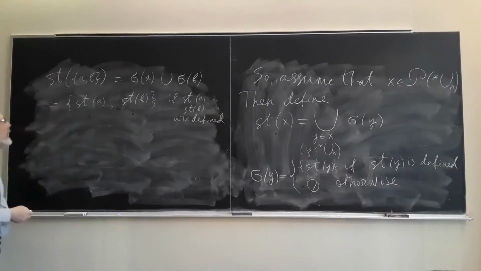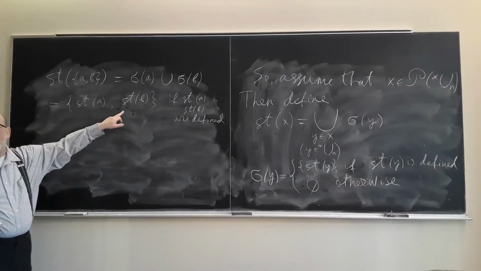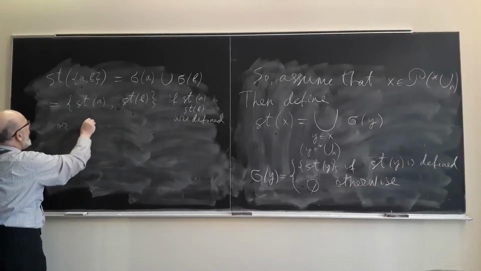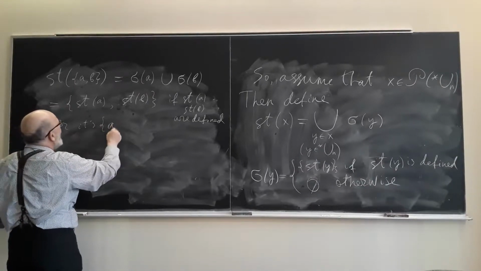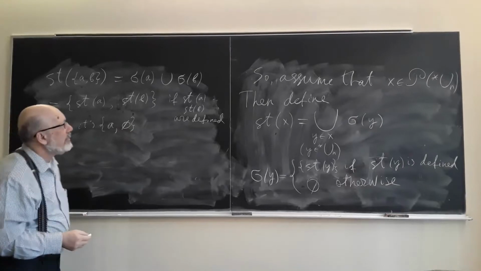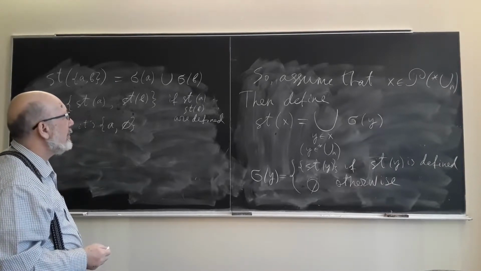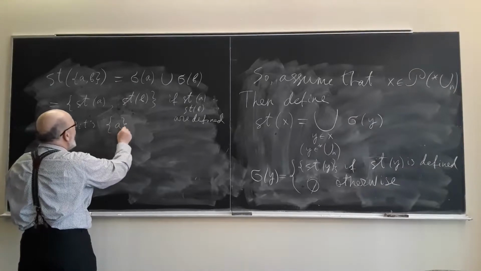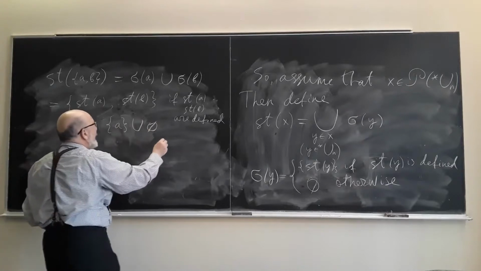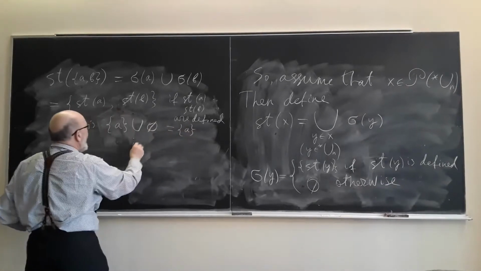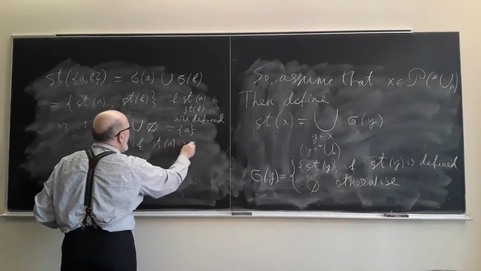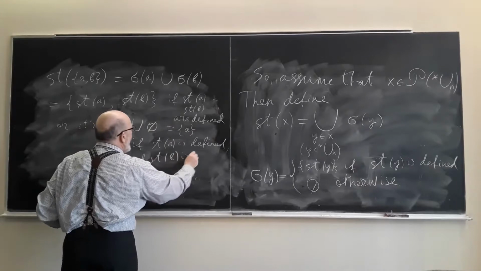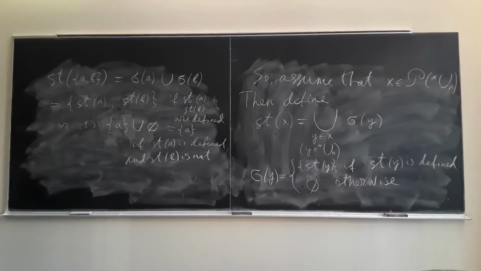Otherwise, if say the standard part of A is defined and the standard part of B is not defined, then you have sigma of A union the empty set, which is equal to the set containing the standard part of A. So in this case it will be just that.